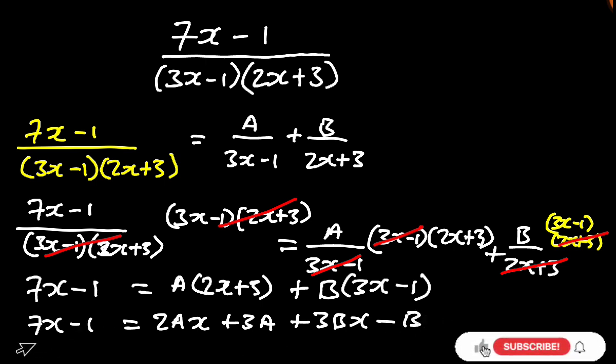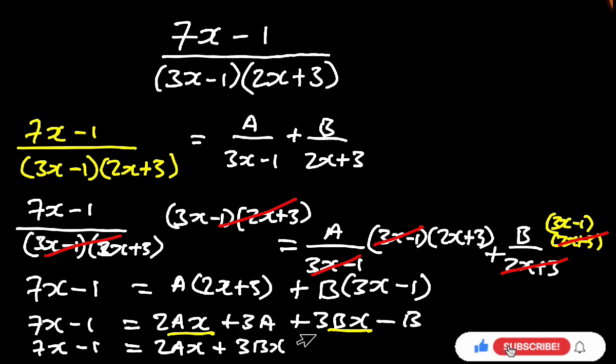So we have 7x - 1 equals, let's collect like terms. Let's combine the terms that have the x variable: 2Ax plus 3Bx.